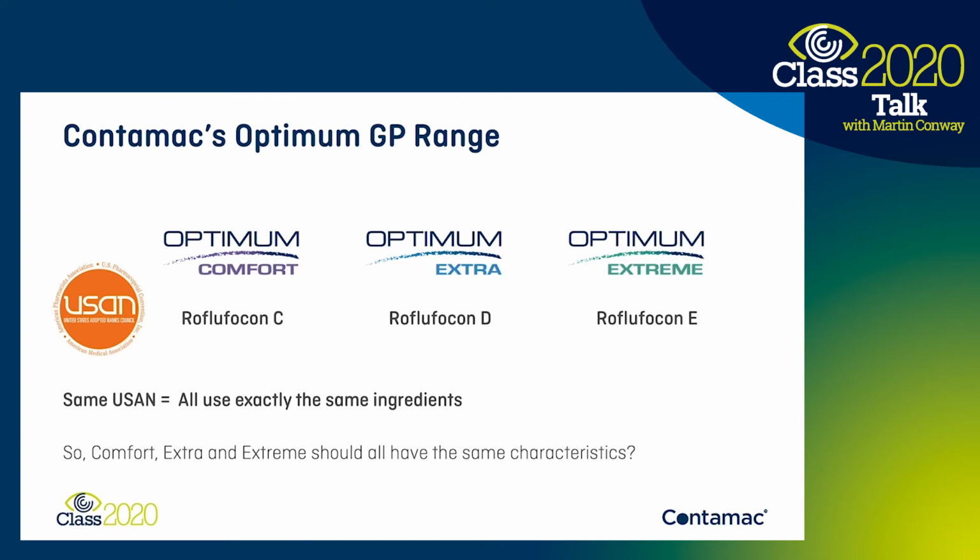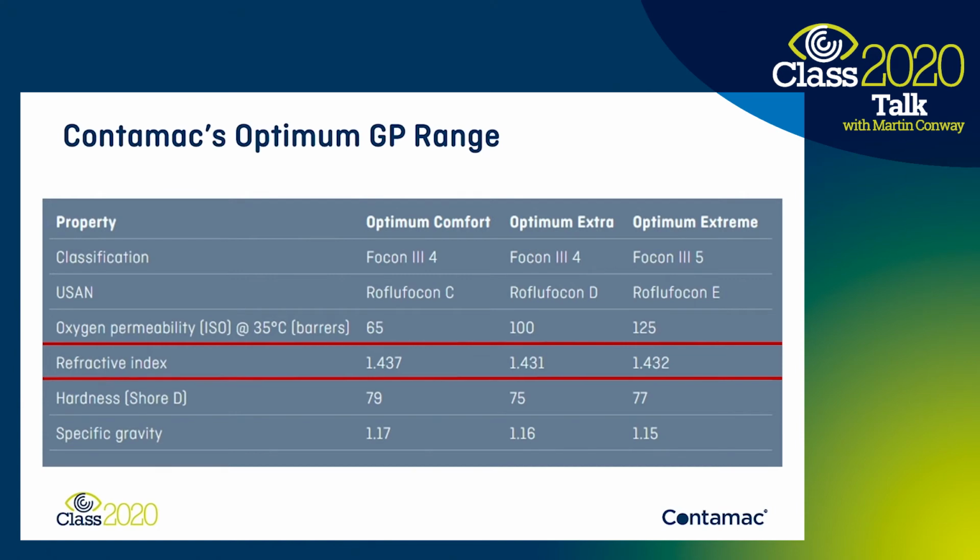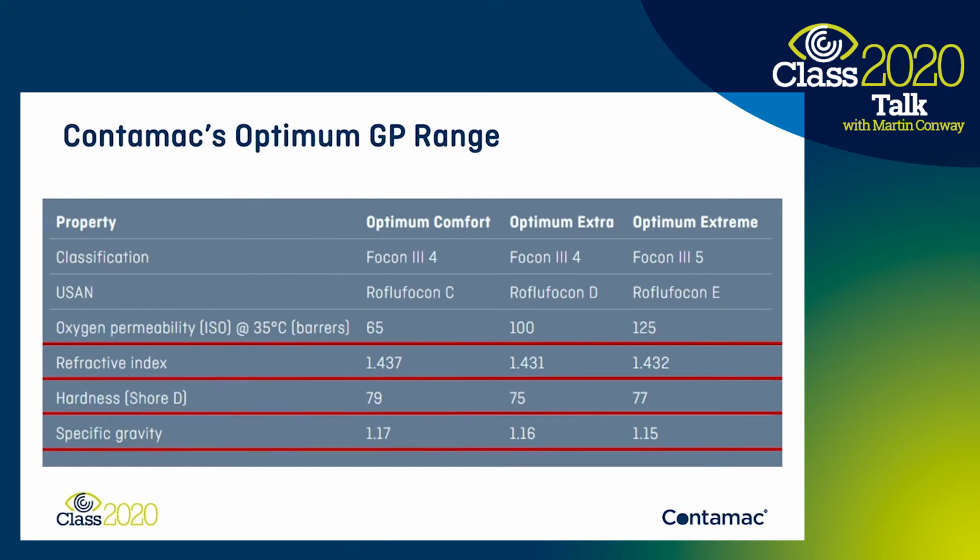And if we look here, we can see that across the Optimum Comfort, Optimum Extra and Optimum Extreme, we have a range of oxygen permeabilities. The DK varies from 65 through 100 up to 125, and yet we're all using the same ingredients. Refractive index varies, so does the hardness and even the specific gravity of the lens.